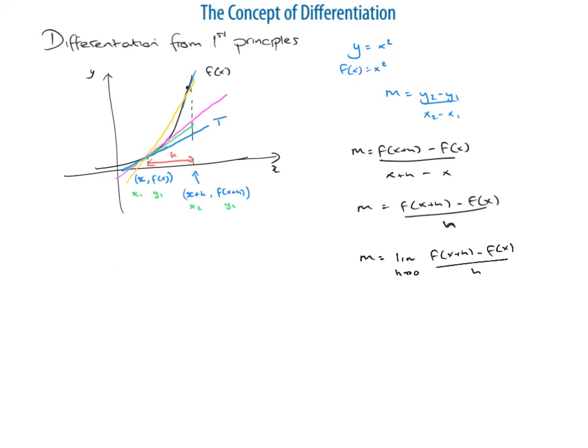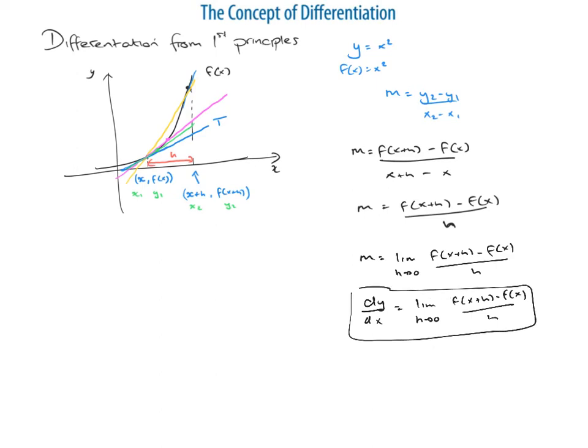We leave it as m, which stands for slope, but for the notation, we say dy dx is equal to the limit as h heads towards 0 of f of x plus h minus f of x all over h. Now what that means is dy dx is just the rate of change of y with respect to x, and that's equal to this here.